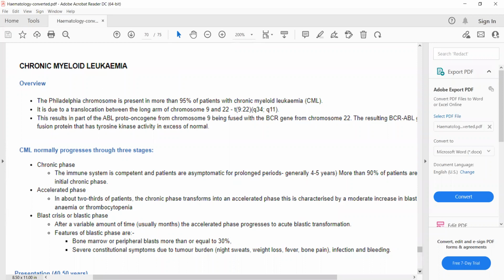CML normally progresses through 3 stages. There is a chronic phase, an accelerated phase, and a blast crisis or blastic phase. Most of the patients, 90%, will present with the chronic phase. So you need only to focus on this chronic phase because this is the common presentation of chronic myeloid leukemia.